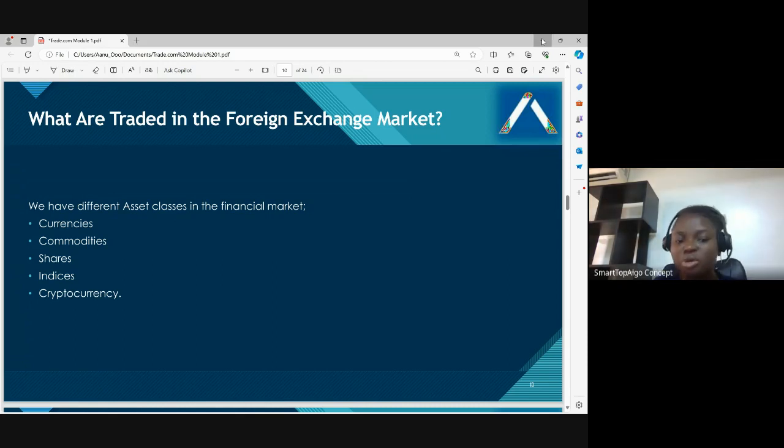Now we have commodities, we have shares, we have indices, we have cryptocurrencies. All these are different asset classes. So as a trader, you need to ask yourself, which of these asset classes do you want to concentrate more on? It's not a must that you concentrate on everything, but it is better to concentrate on one.